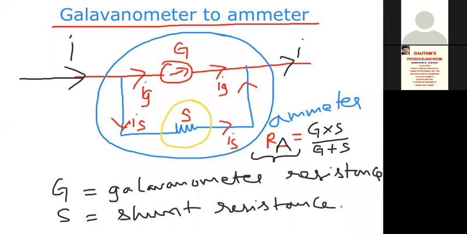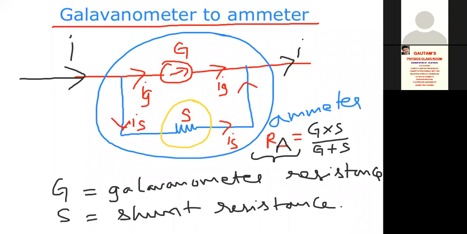If you connect a small resistance parallel to it, those two are in parallel, and the effective resistance is G into S by G plus S. If you connect like that, it is called an ammeter. So this is also called the ammeter resistance. An ammeter measures large currents, a galvanometer measures small currents. Here the ammeter current is I, the galvanometer current is Ig and the shunt current is Is, from the diagram.